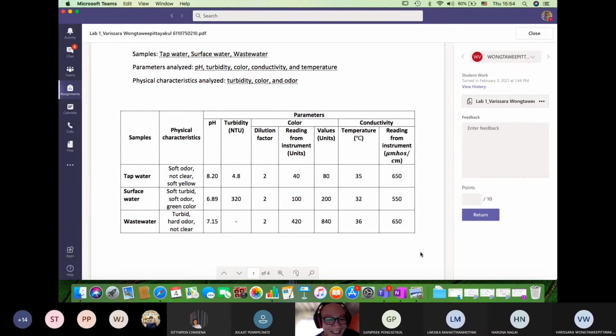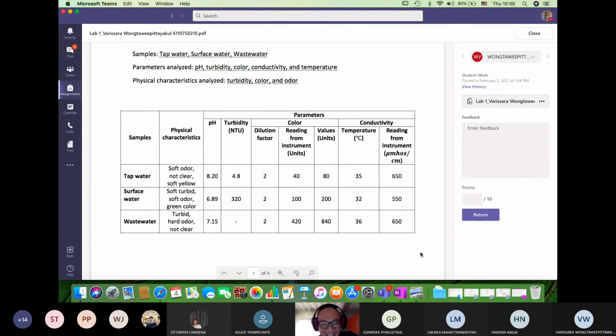Just check again. Okay, what else? Surface water would definitely be fresh water because these samples I collected from the ponds in front of our building.